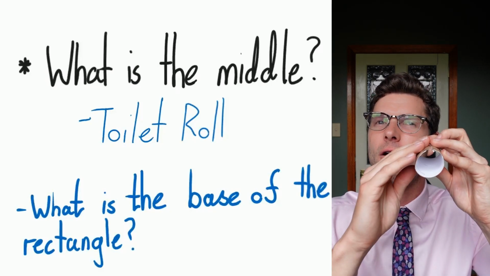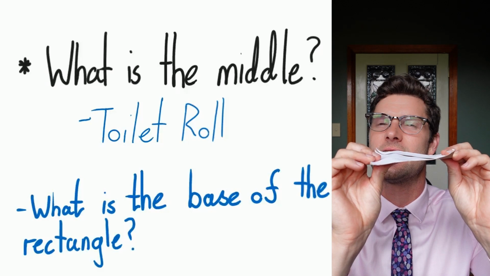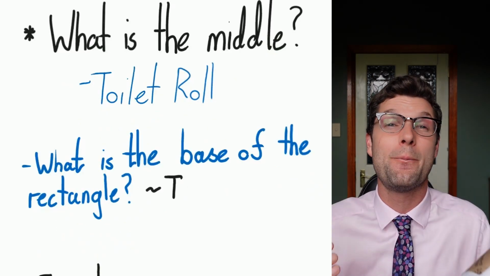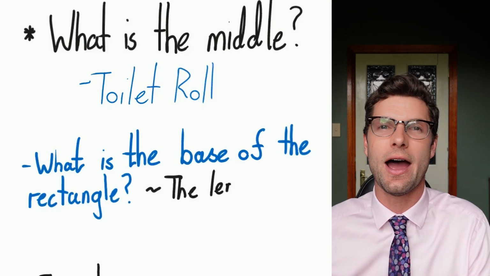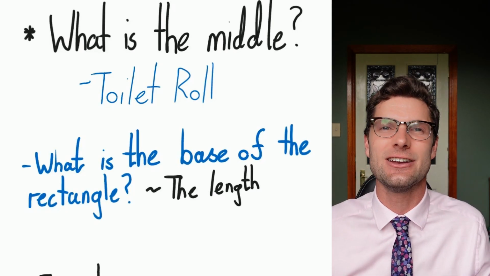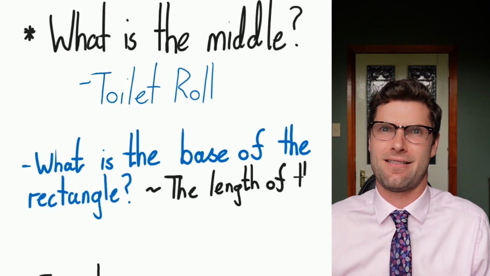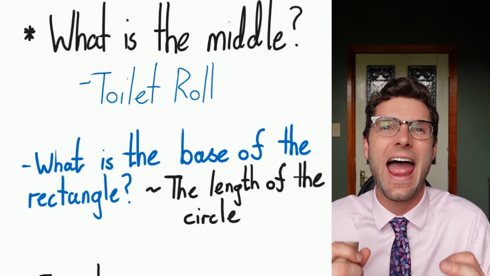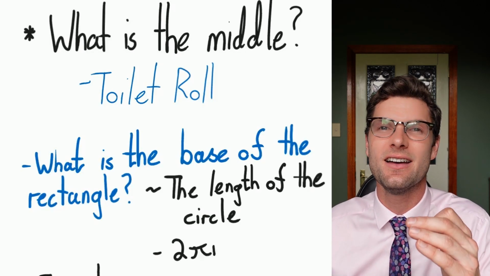And then if I unfold this circumference like this, flipped around, that is then the base. So the base of the rectangle is 2 pi r, and the height there is h. We can work out the area of a rectangle incredibly easily, multiplying those two things together. And that's where the formula for the cylinder comes from.